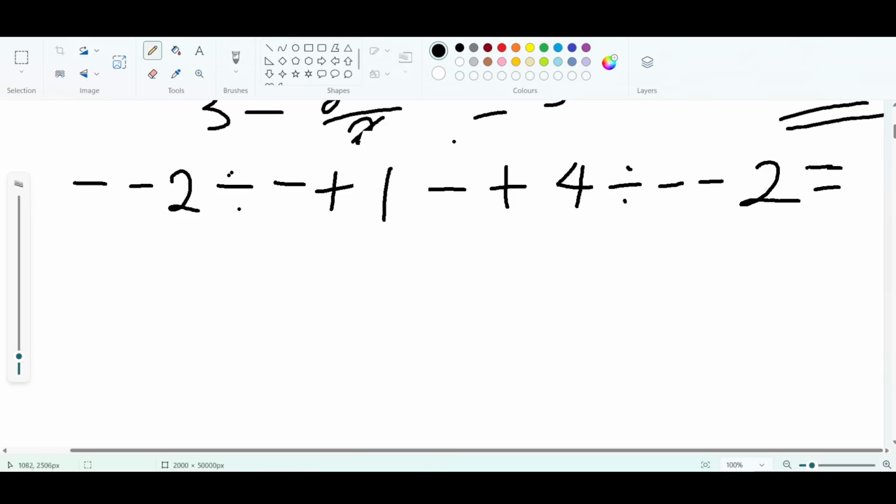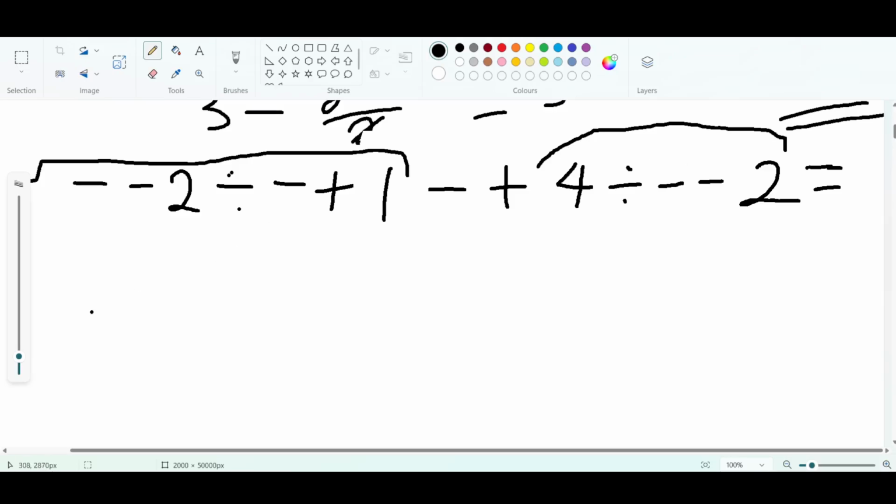So you can see that we only have plus and minus here, which we can reduce to a single sign. So it means from here to here is one term, and from here to here is another term. So there are just two terms here. So this is how we are going to be able to solve this problem. So if you now say minus times minus, it's going to be what? Plus. So that will be 2 divided by plus times minus, minus.